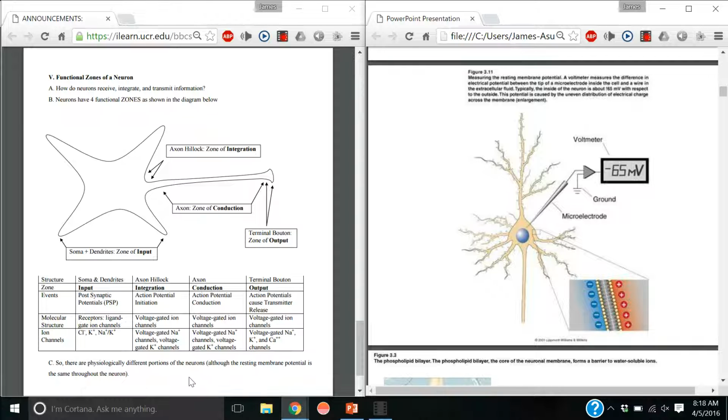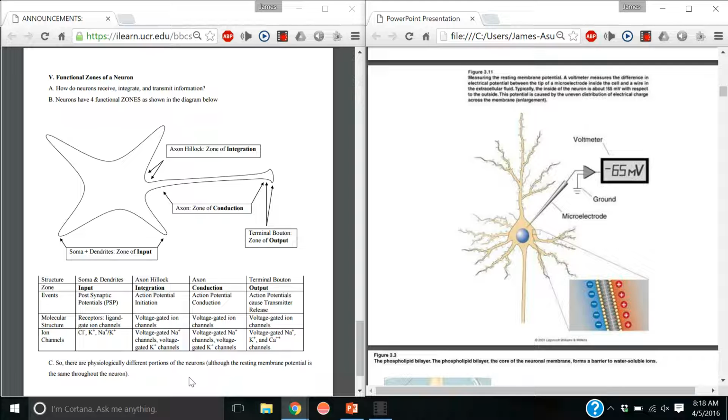They gate the same kind of ions. In contrast, in the terminal bouton, you also have channels that gate sodium and potassium, but here you have a third kind of voltage-gated channel. In that case, it's a voltage-gated channel that gates calcium.